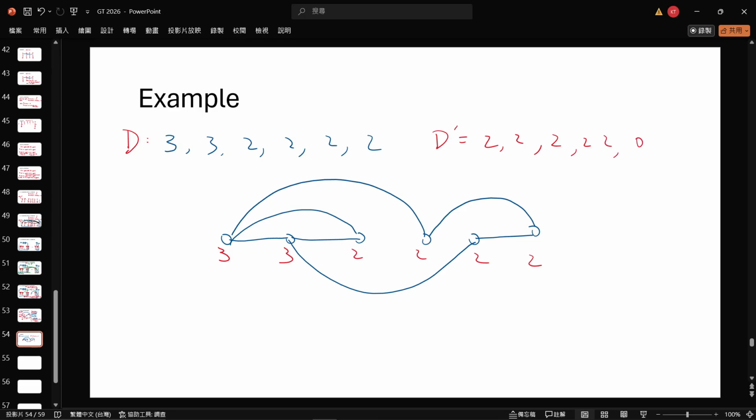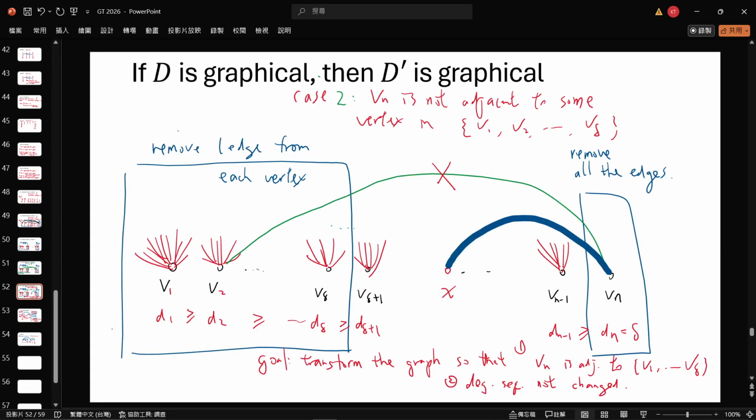The way we get this D prime is by making this 0. Because the smallest degree, or delta, is 2, the first 2 degrees are reduced by 1. So that's why we get this. So this is Dn, and this is delta. So D1, D2, D3, D4, D5. So this is an example for case 2.